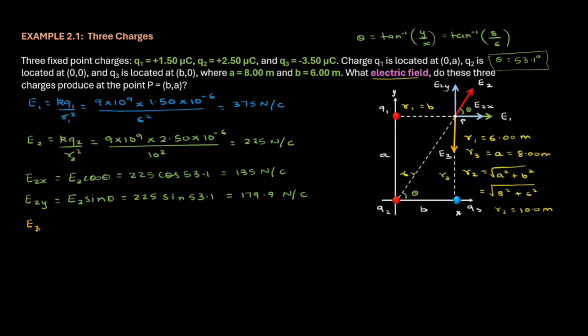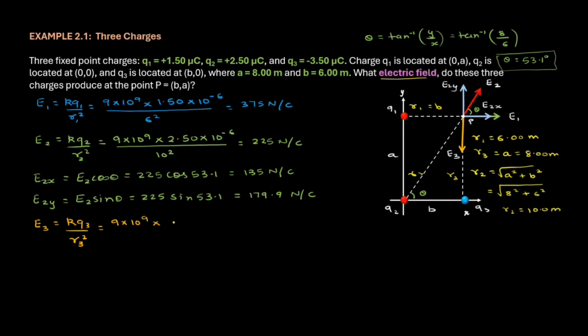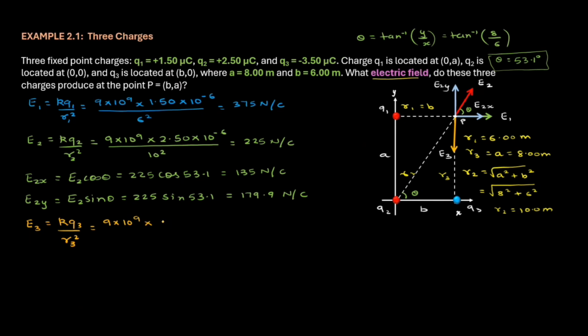After this, we find E3. E3 you can calculate as K Q3 over R3 squared. That will be equal to 9 times 10 to the power 9. Q3 is negative 3.50 microcoulomb. But when you are finding electric field, we do not put that negative sign, as the direction of electric field we take from the vectors here and not from the sign of the charge.